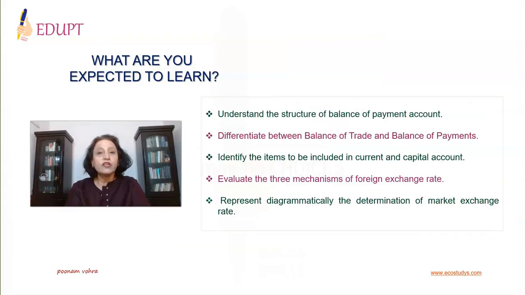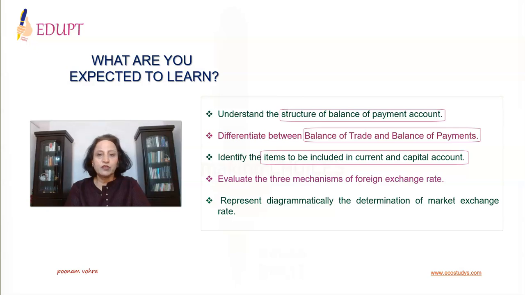Now let's see what you are expected to learn in this unit. By the end of this unit, you will understand the structure of balance of payment account. You will be able to differentiate between balance of trade and balance of payments.